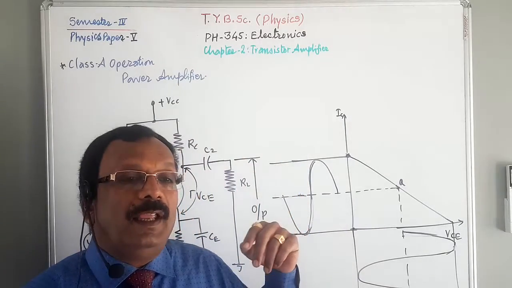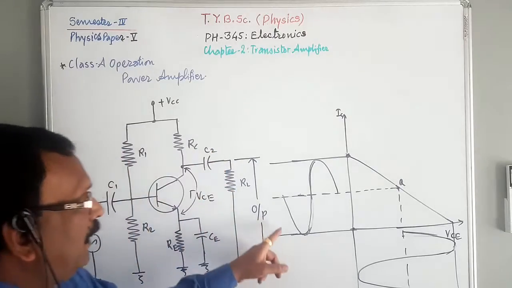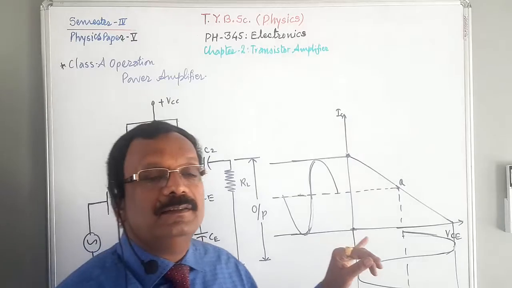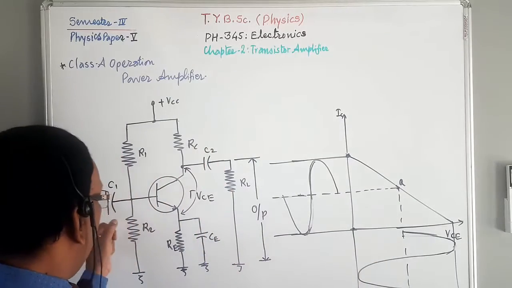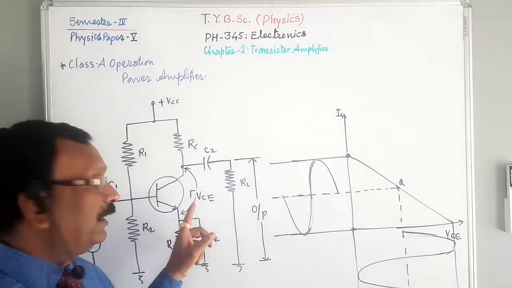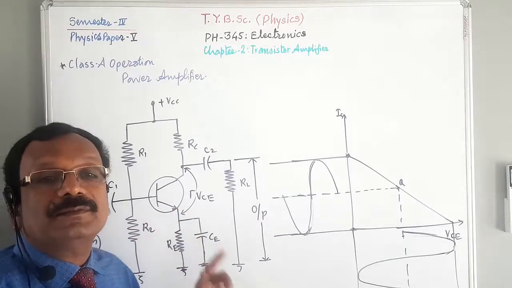Here, as we apply the AC signal, with positive half cycle, negative half cycle, positive half cycle, this AC signal is applied to the base of the transistor through the coupling capacitor.